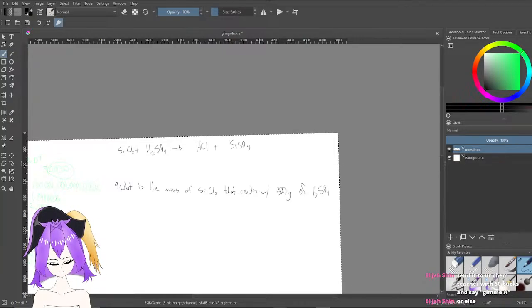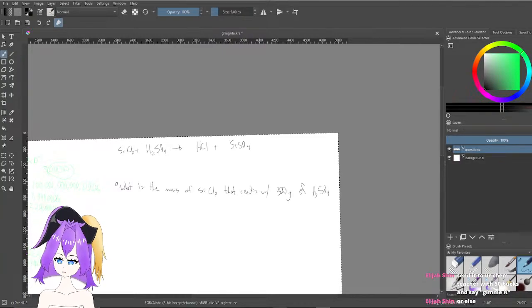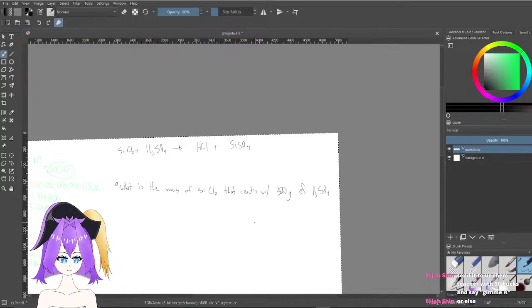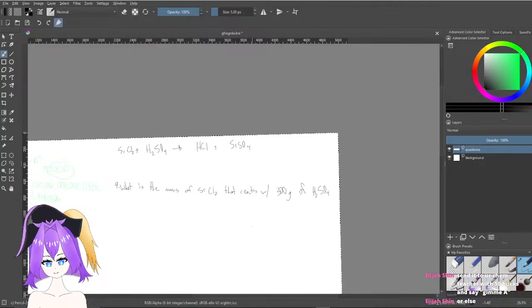How do I do this? What is the mass of strontium chloride that reacts with 300 grams of... Ooh, I don't think I was actually taking notes. Either I was not taking notes or I just don't remember this part.